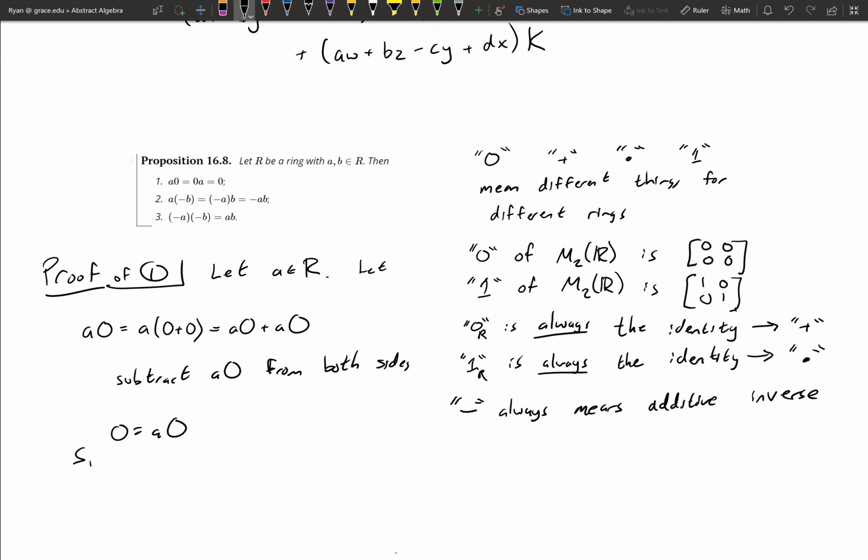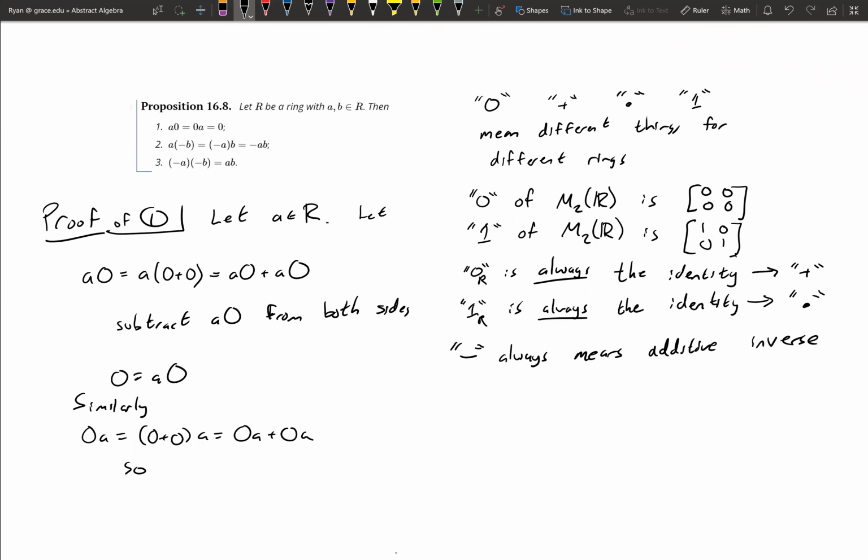Similarly, 0 times A equals 0 plus 0 times A equals 0A plus 0A. So subtracting 0A from both sides, 0 equals 0A. And that's it. That's the proof. So what was the trick? The trick was going from 0 to 0 plus 0.